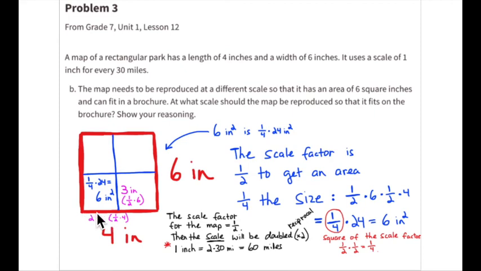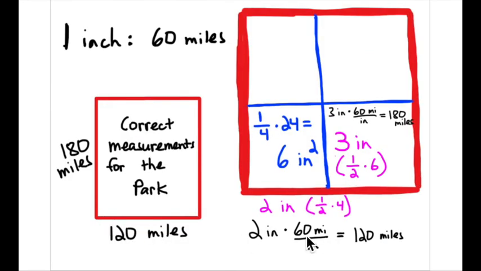Because now you just have 2 inches. That 2 inches has to equal 120 miles. So 2 times 30 miles equals 60 miles per inch, and there's 2 inches. So 2 times that 60 miles per inch is equal to 120 miles.